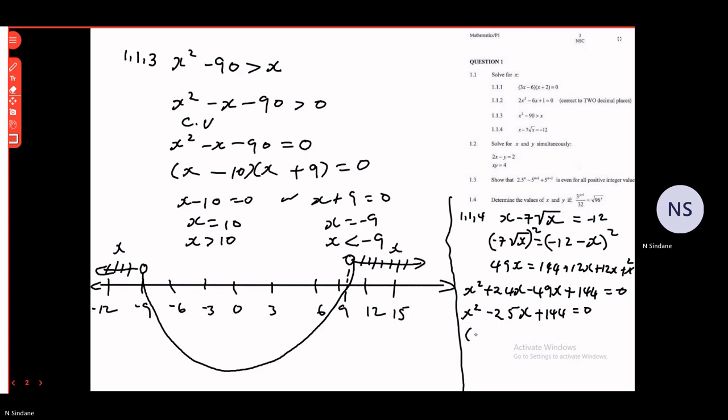Then we should have x minus, is it 16? And x minus 9. This is equal to 0. x minus 16 is equal to 0, or x minus 9 is equal to 0, where now x is equal to 16 and x is equal to 9.